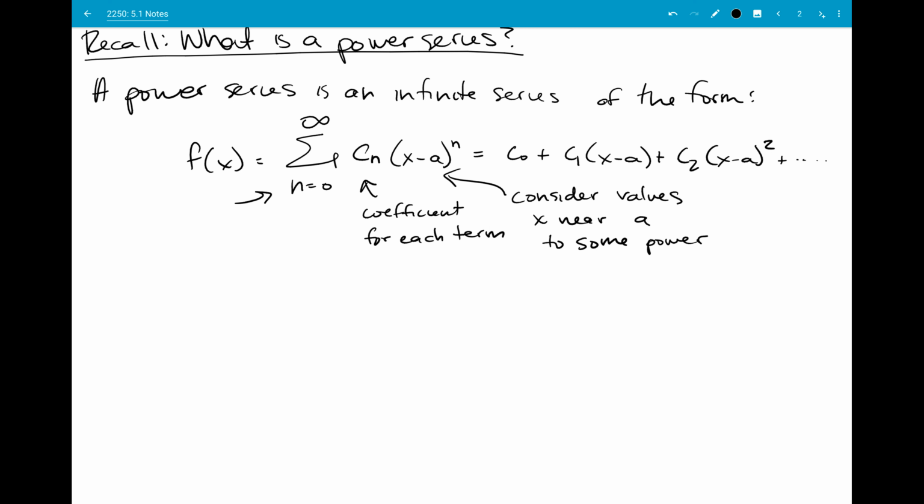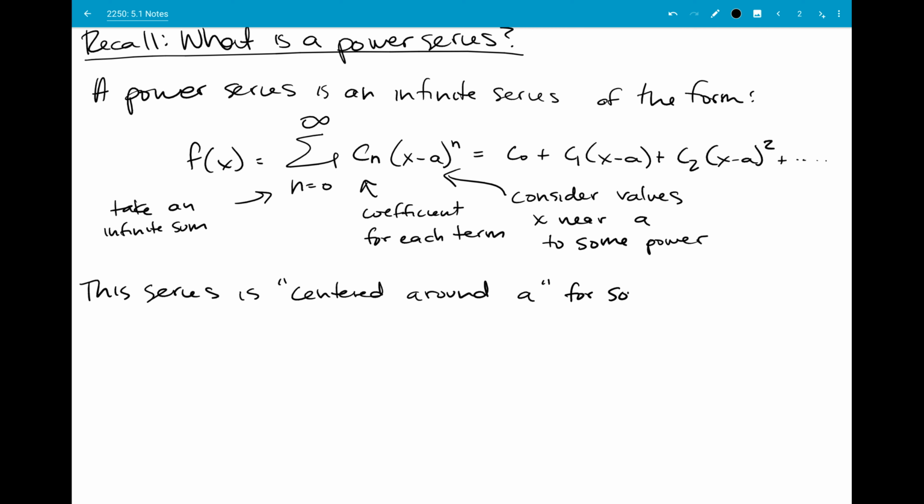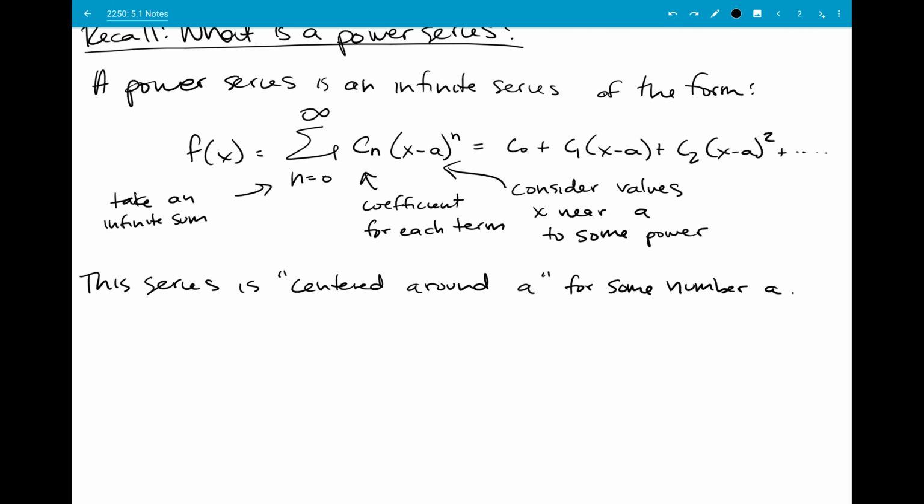And I am taking an infinite sum. What's important here is that this series is centered around a, for some number a. So I could do like x minus 2. That would be fine.